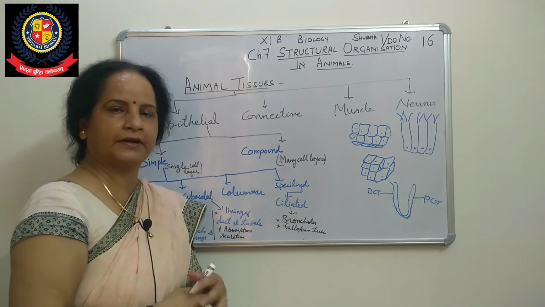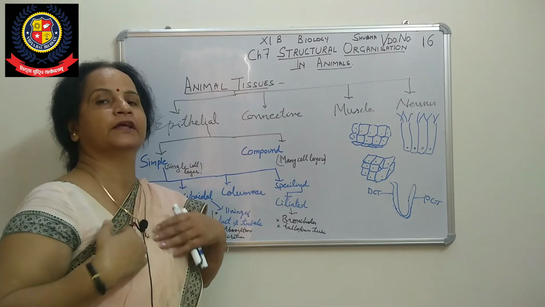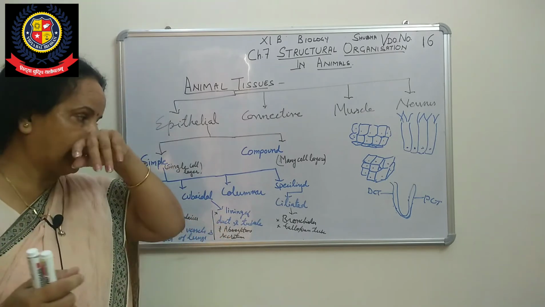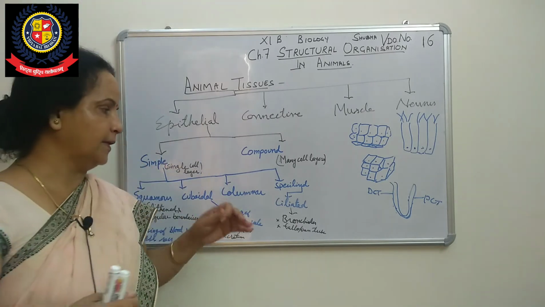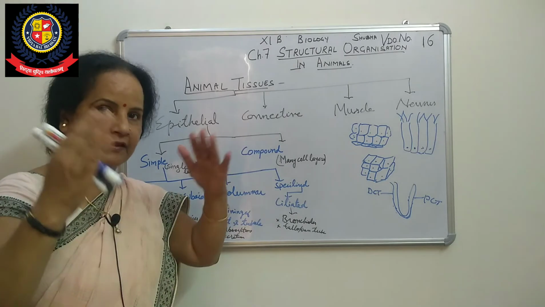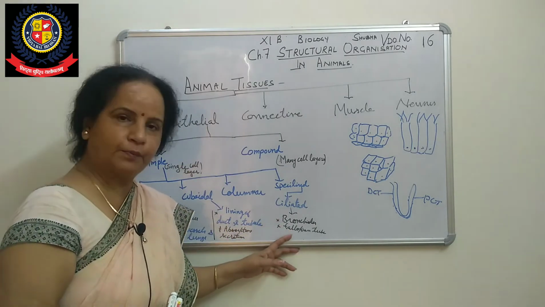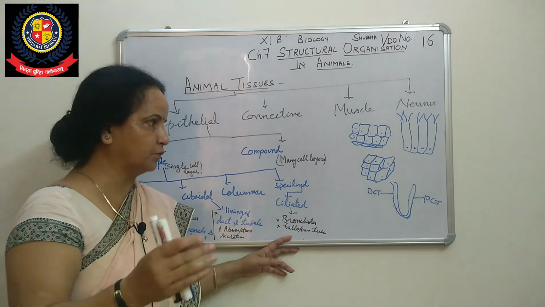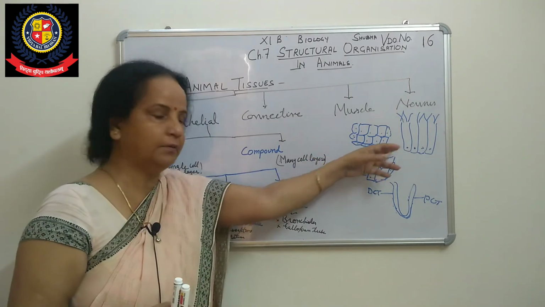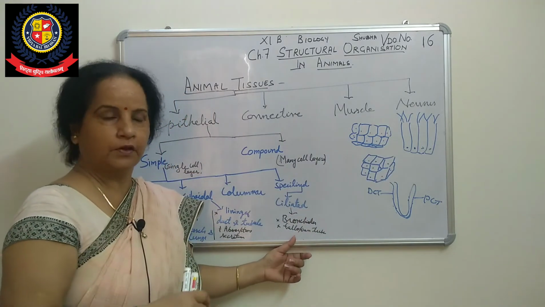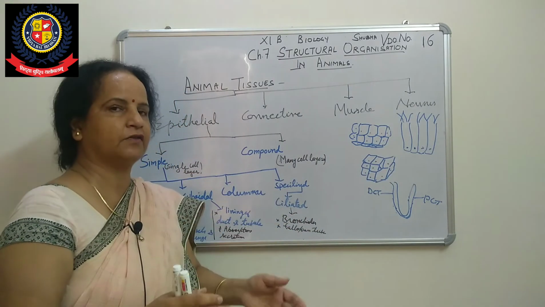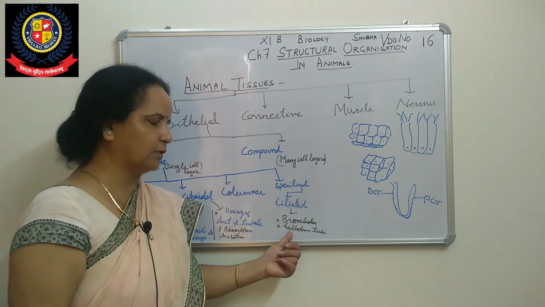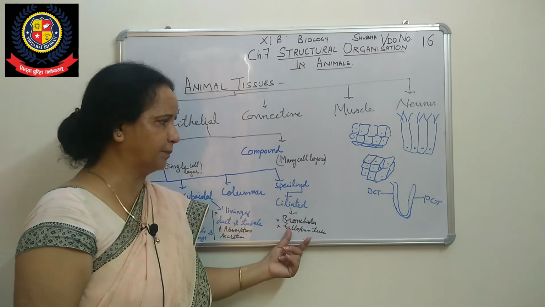In the bronchioles, the primary bronchus and bronchi, if some particles are present, they move away by the ciliary movement. In the same way, in the fallopian tube, the egg has to move, and because of the ciliary movement of the ciliated epithelium, it is moved forward.